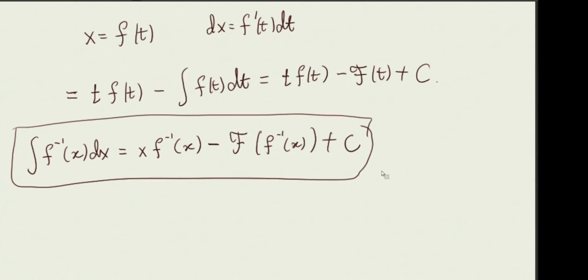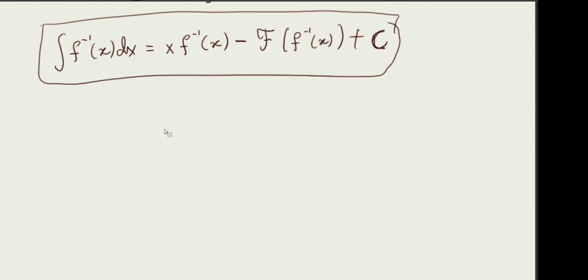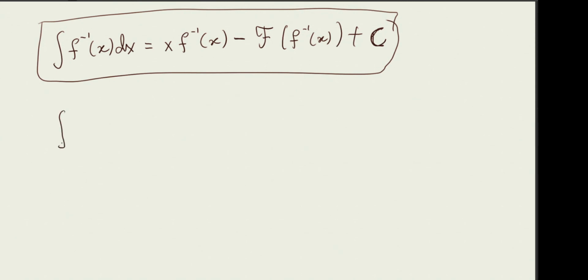Now let us see an example of how this formula can be applied. It's quite generic, so it can be applied in quite general circumstances, but let's try a simple example of something that we already know. So let's choose the integral of arcsin of x dx. We'll call this our f inverse of x, and of course f of x is just the sine of x.